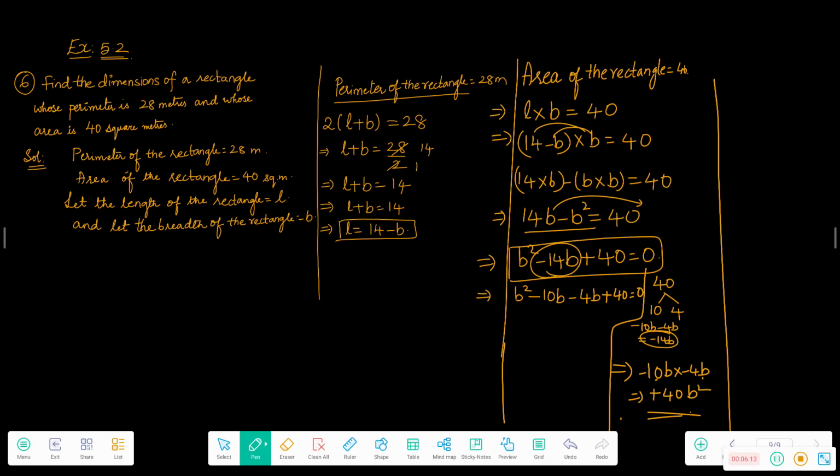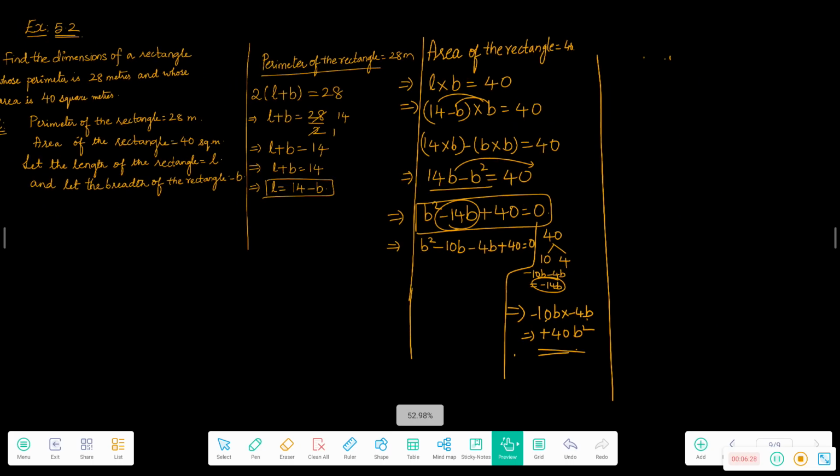So B square minus 14B plus 40 becomes B square minus 10B minus 4B plus 40 equals 0.